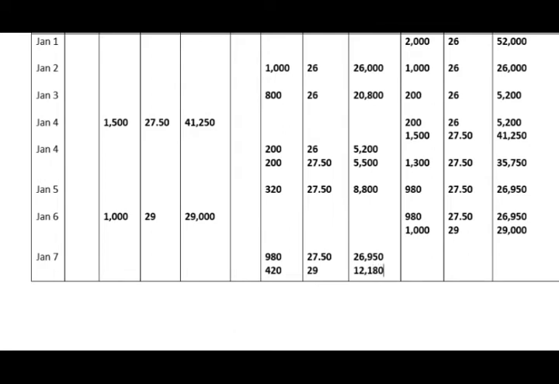And out of the 1,000, we have already issued 420. The remaining balance is what? 580. 580 at the rate of 29 rupees. It amounts to 16,820.